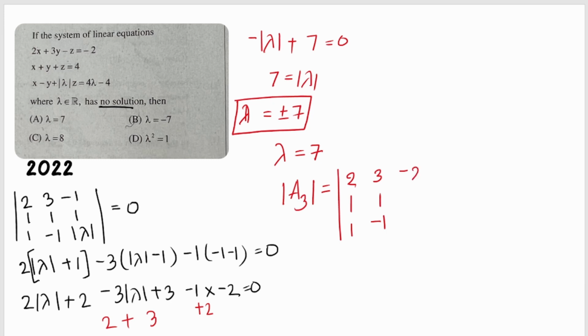Then you have minus 2, 4. Here it is 4 lambda minus 4. That lambda value I have taken 7. When lambda equals 7, that is what you have taken here. That is 28 minus 4, 24.